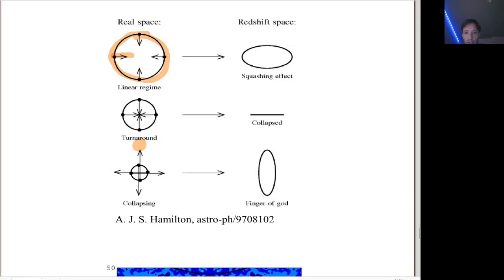Imagine that we are in this location and we are observing along this direction. So we are here and we are observing this object collapsing. So the density is getting higher and higher. What do we have? We have the expansion of the universe, so this object is going further away, therefore it's going to be redshifted in this way.